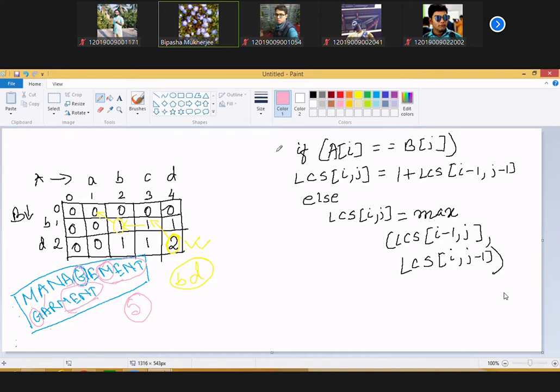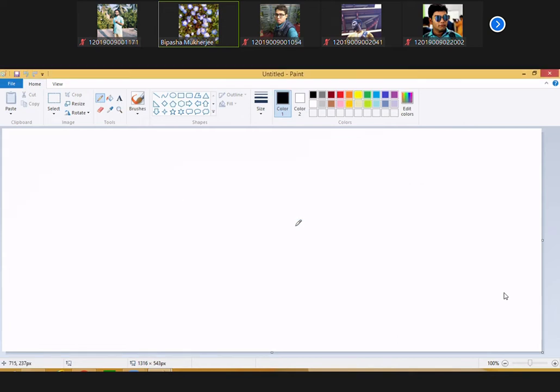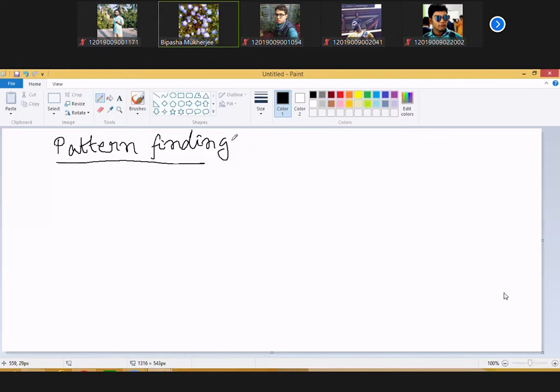Okay, fine. So this is the thing. So this is for finding the longest common subsequence. Okay. Now, if you need to find a pattern, that is pattern finding or pattern matching, which algorithm is there and how it can be done, you have studied, that is also in the DA paper.